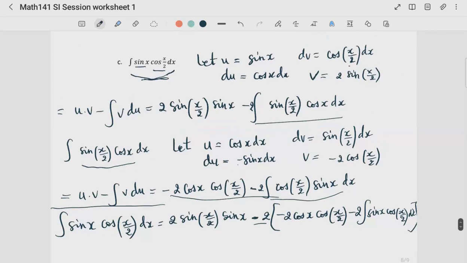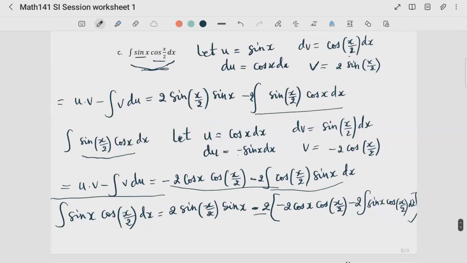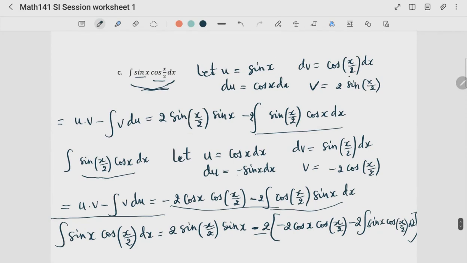So let's start from the beginning. We have a question. It's asking us to find the integral of sine x times cos x over 2 dx. And someone suggested to use integration by parts and substitute u by sine of x and dv by cos of x over 2 dx.